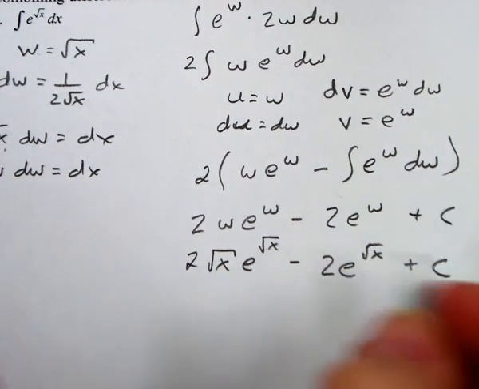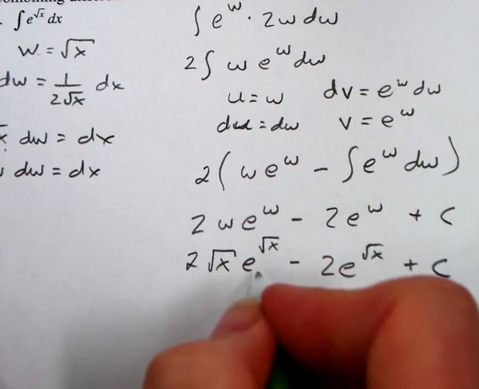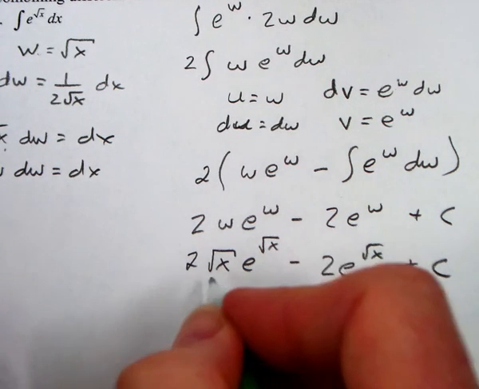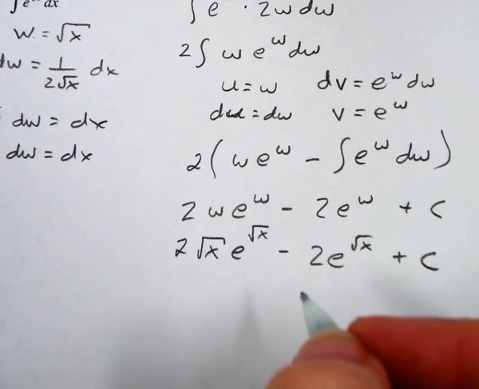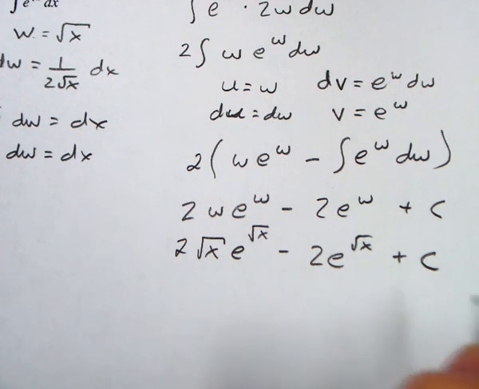If you want, you can just leave it like that. You could have this factored out and say e to the square root of x times 2 root x minus 2. And that is all.